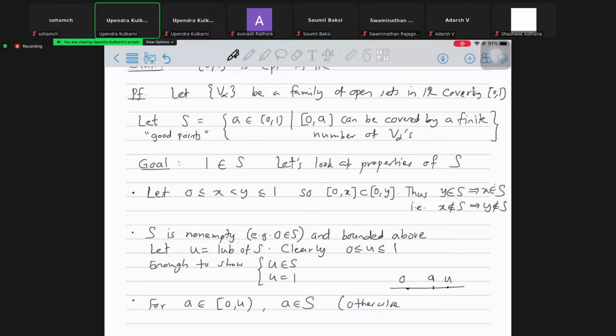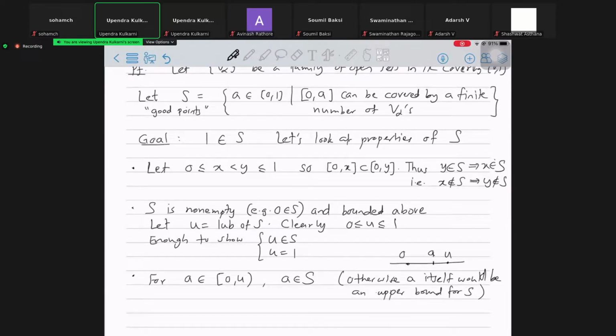So this whole gulf of points between A and U, remember they're distinct points, are also not good. Then how could you be the supremum of this set of good points? Because points less than you are also not good. Otherwise, A itself would be an upper bound for S. Okay, very well.